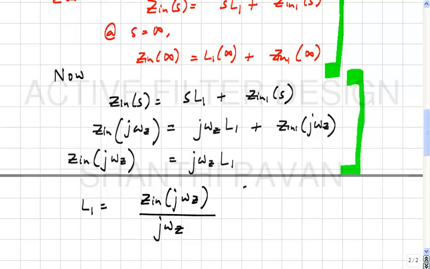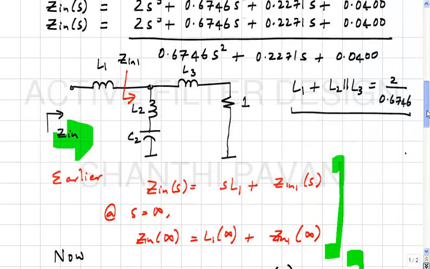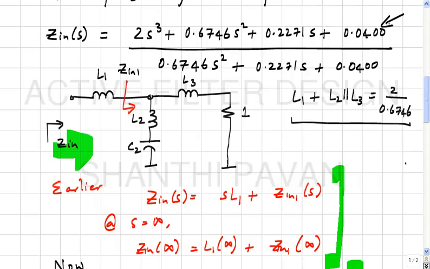So there are two ways of figuring L1. What is that? If you're doing it on a computer, what would you do? You would evaluate this function at j omega Z and then divide by j omega Z, and you will get L1.